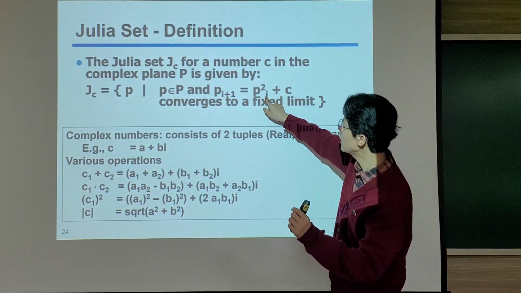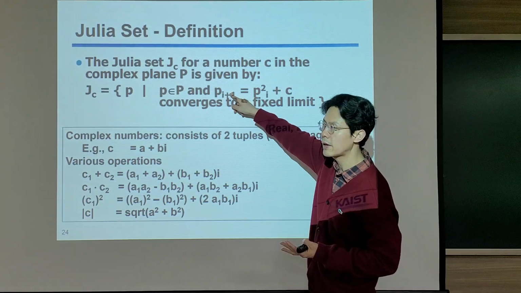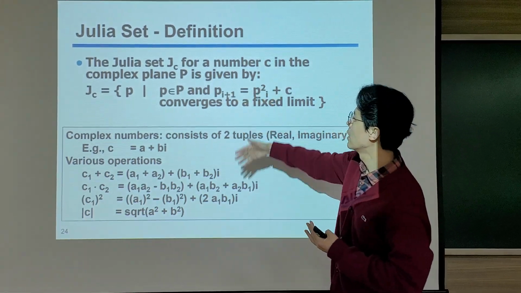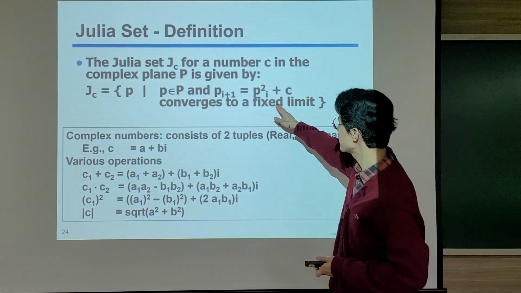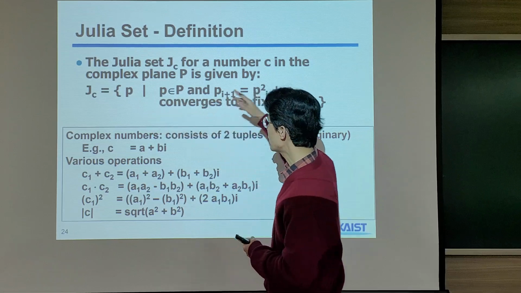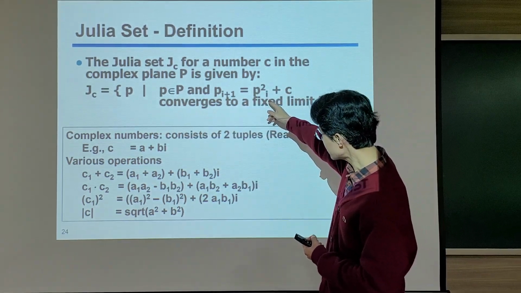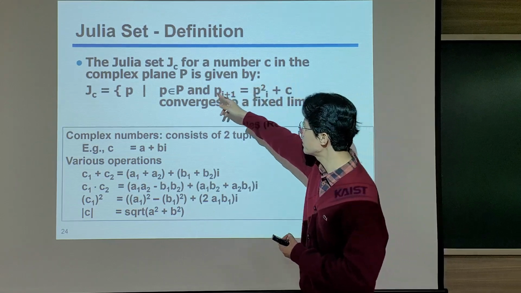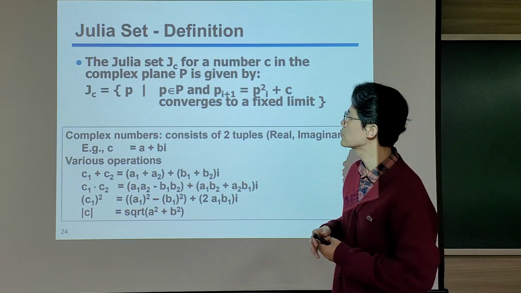Starting from p, we take the square and then add c, and we get the next value. We keep doing that. If this series converges to a fixed limit, then p is in the Julia set. Otherwise, if the sequence diverges, then it's not in the Julia set.